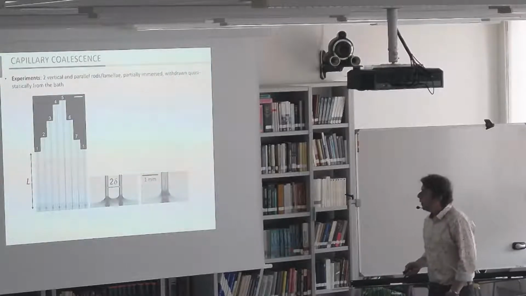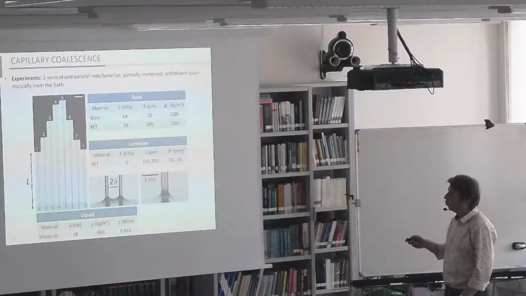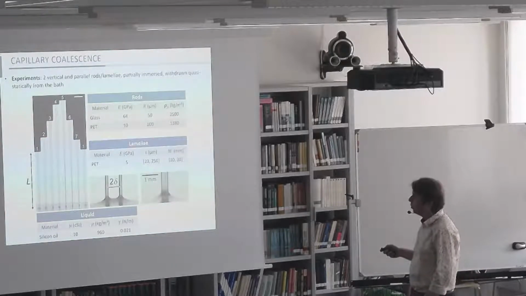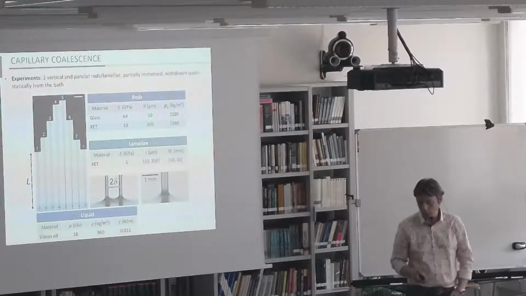So, experiments have been performed with rods, two types of materials, glass or PET, with these values of the Young modulus, radius, and density. The experiment has been performed also with lamella, PET lamella, with different thickness, and we consider also different widths just to see that the width was not playing a role.